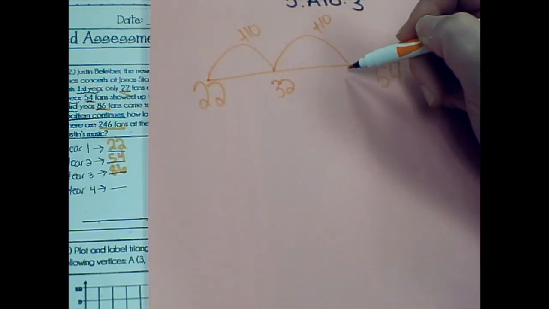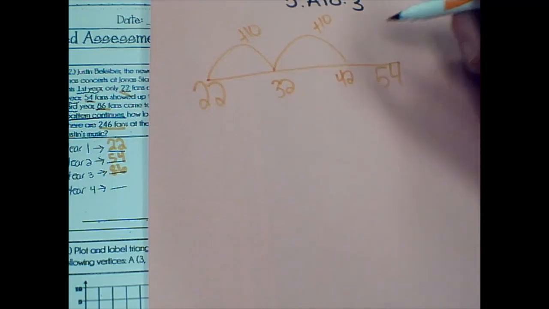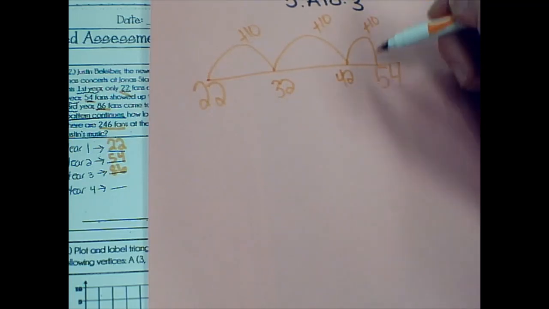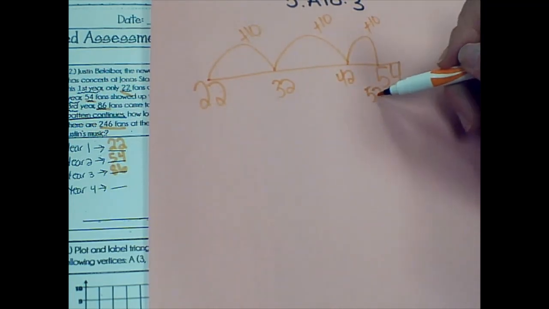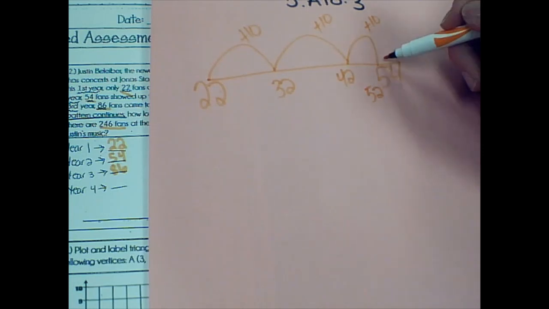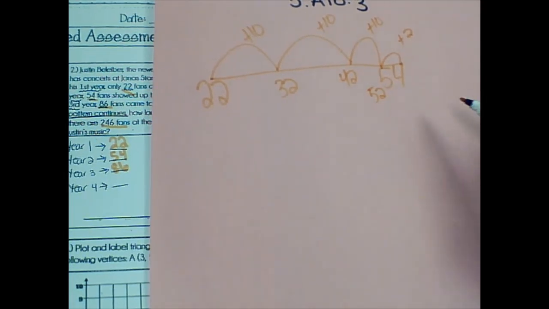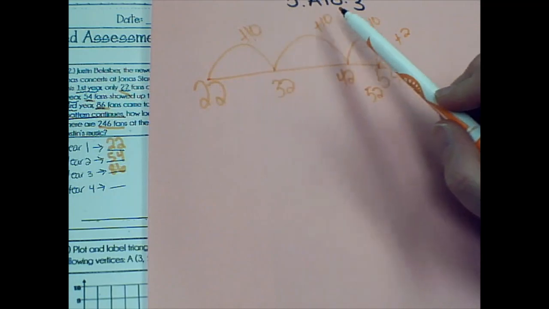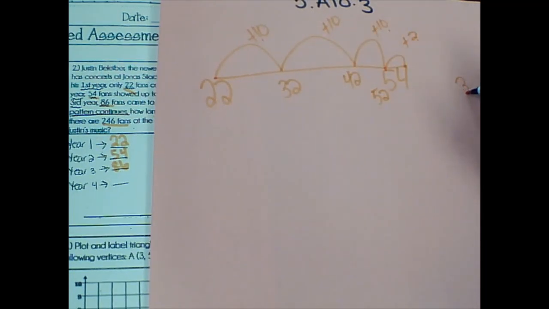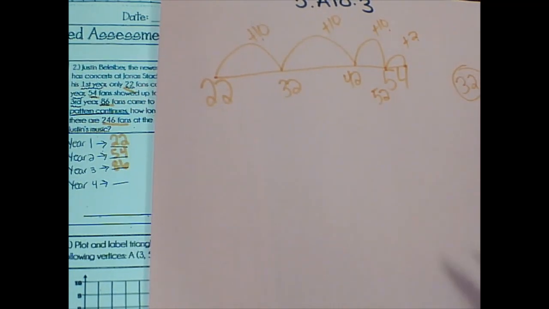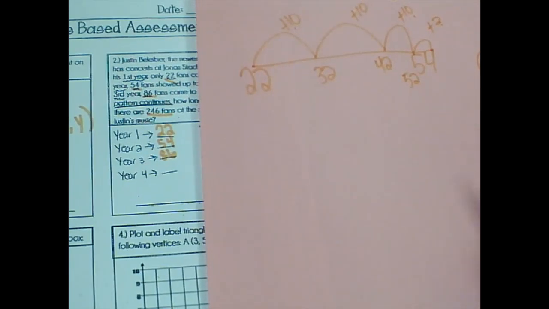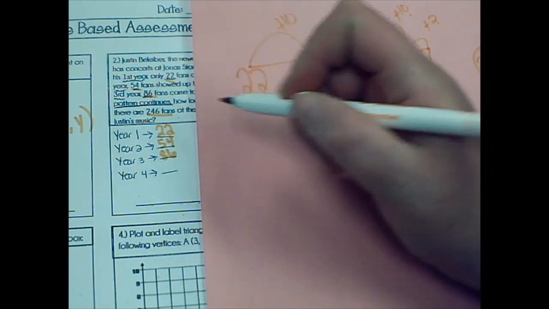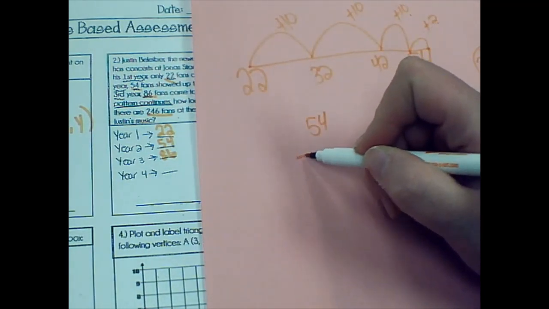Plus 10, I'm going to get 42. Plus 10, I'm going to get 52. And how many more do I need to get to 54? That's right, I only need 2 more. So when I add these up, I have 10, 20, 30 plus 2 is 32. Okay? I can also just do the difference. I can do 54 minus 22.